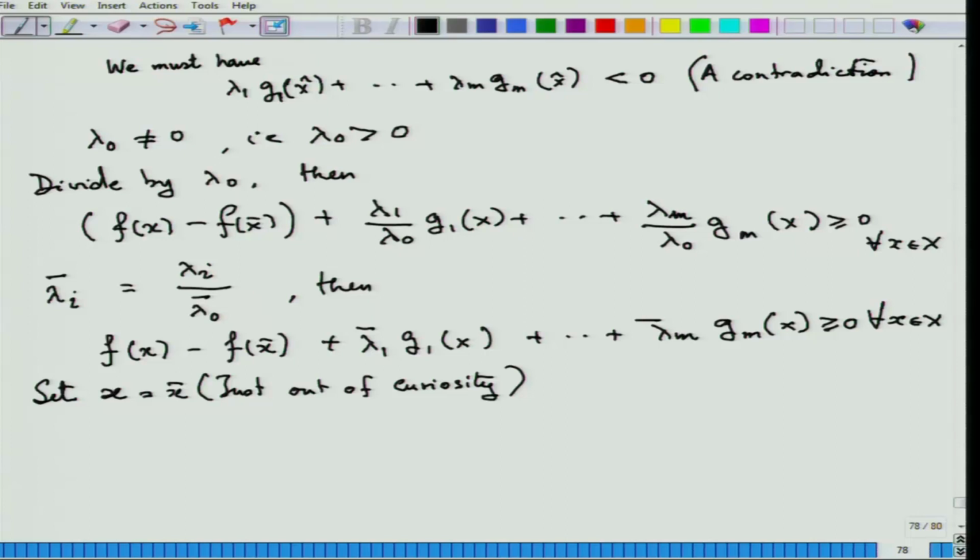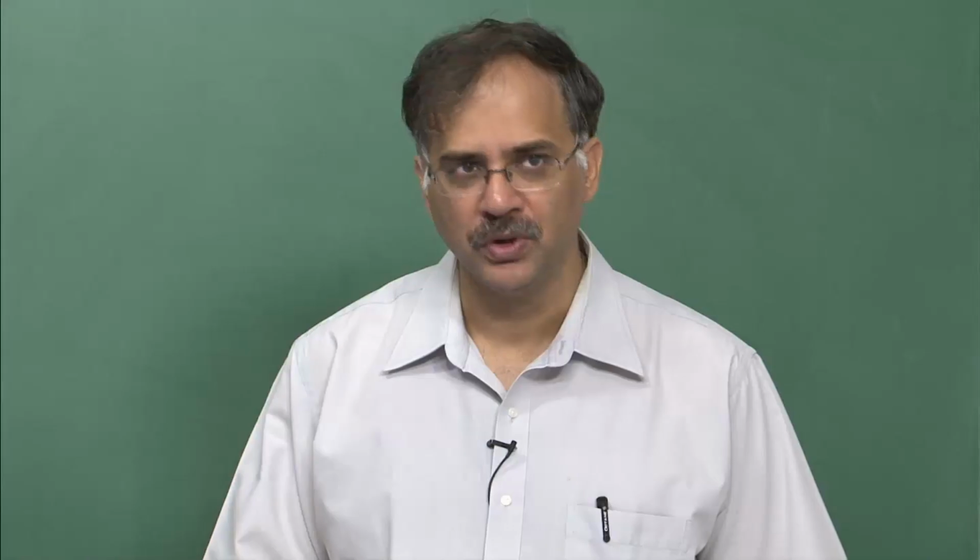Then if that is so, this part will go. So, I will have lambda 1 bar, and so on. Now, because x bar is a solution, all of these are less than or equal to 0.